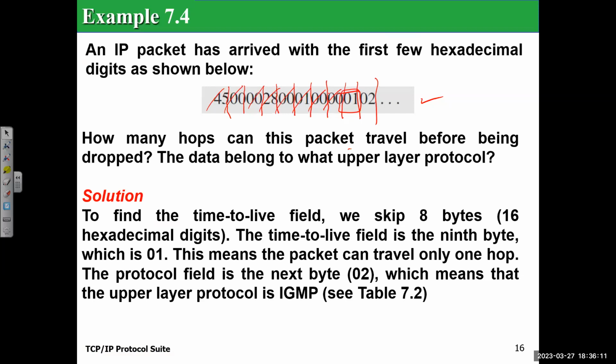How many hops can I jump? 0 1. The time to live is in hexadecimal, remember, and translated to bits it's 0 0 0 0 0 0 0 1. So it's 1; hexadecimal 1 and binary 1 are the same. So the packet can travel only 1 hop, and after that it's dropped. So that's another example of the exam questions.